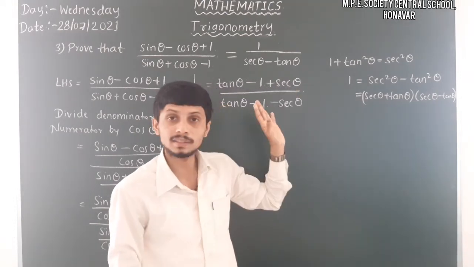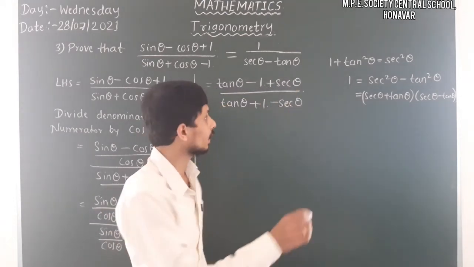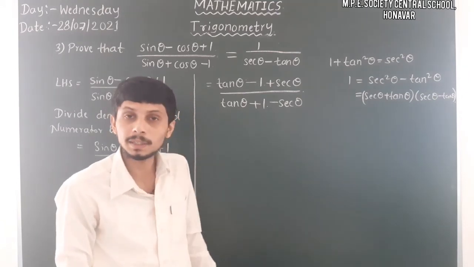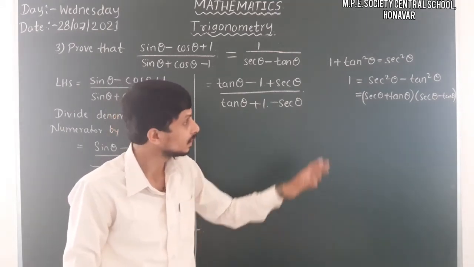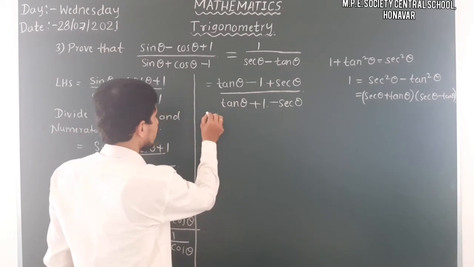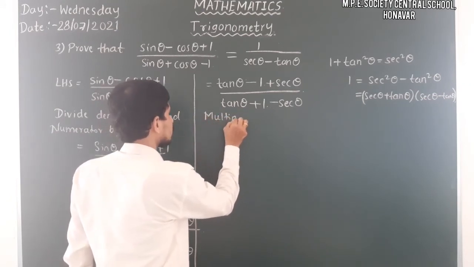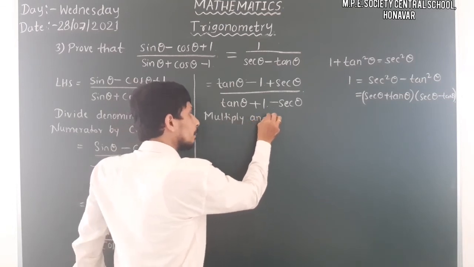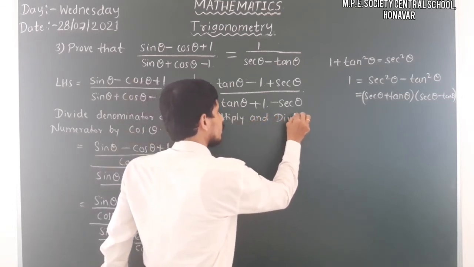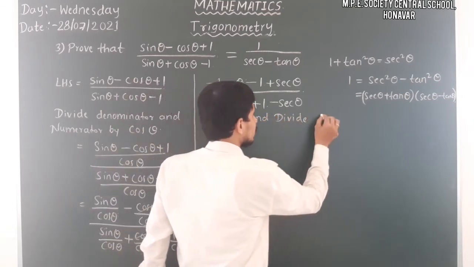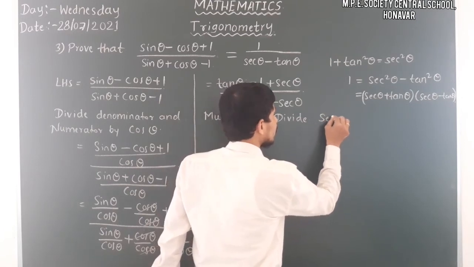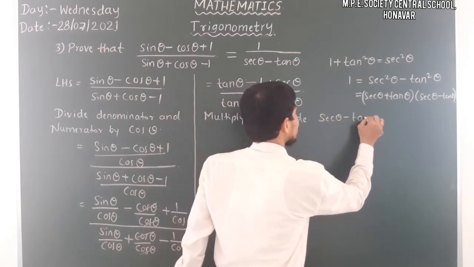So then you can easily get that one. Okay, let us multiply the numerator and the denominator with secant theta minus tan theta. Multiply and divide with secant theta minus tan theta.